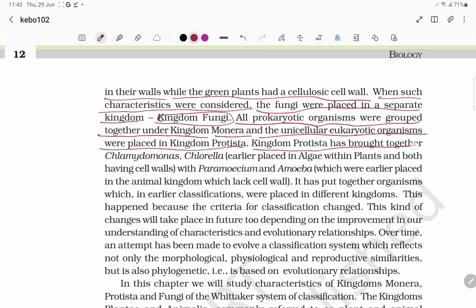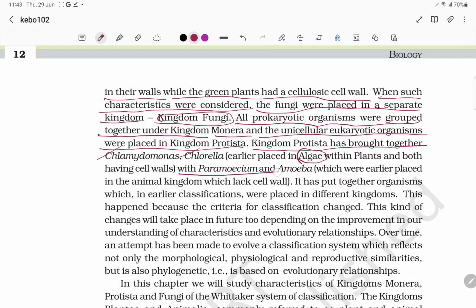The kingdom Protista has brought together Chlamydomonas and Chlorella. These are unicellular green algae. Earlier they were placed under kingdom Algae within plants, both having cell walls. But later, according to R.H. Whittaker's classification, they have to come under kingdom Protista.